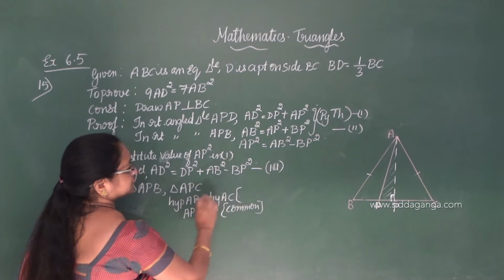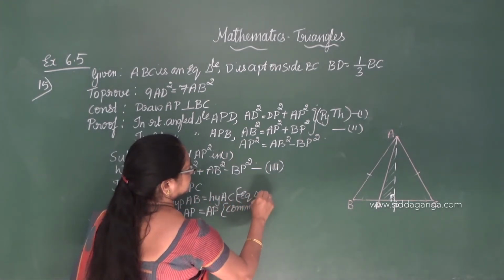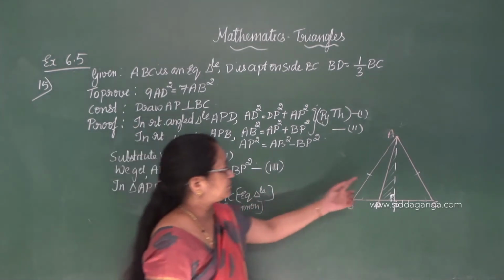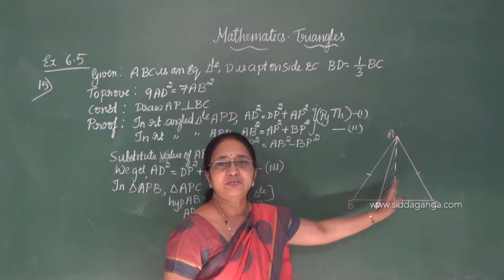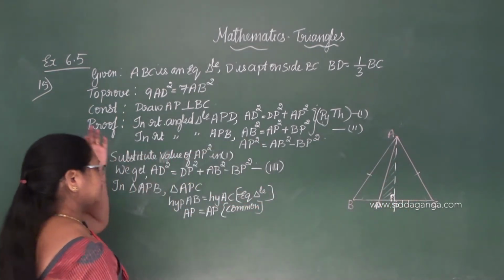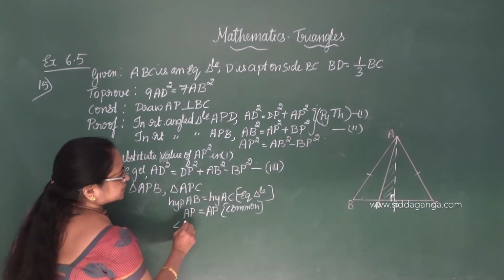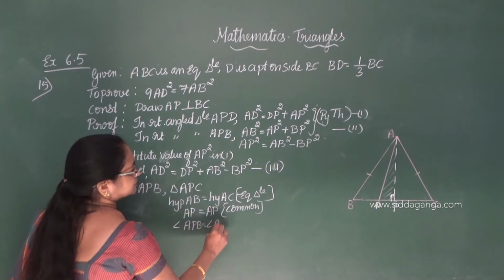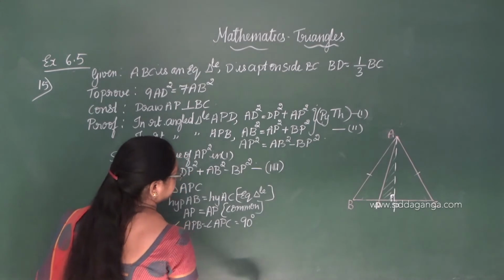And angle APB is equal to angle APC, which is equal to 90 degrees.